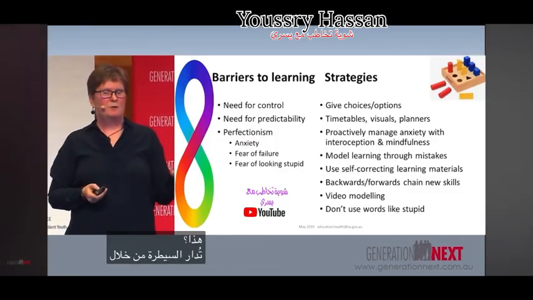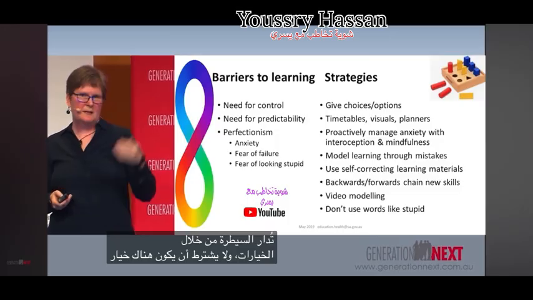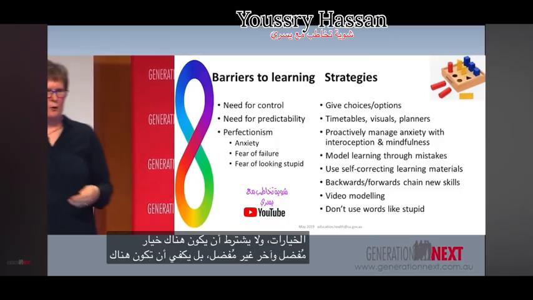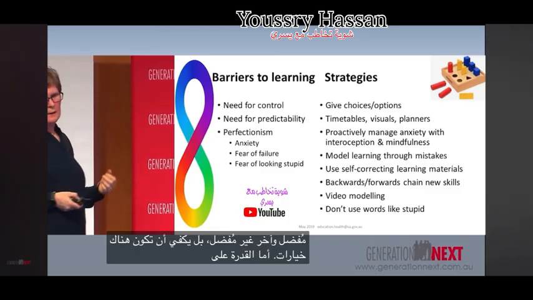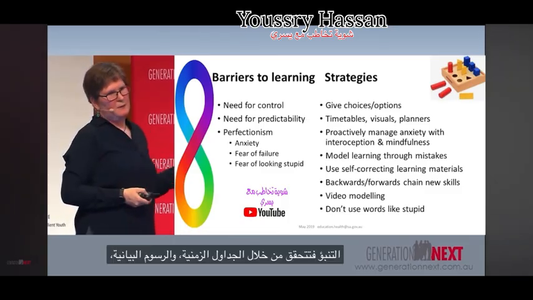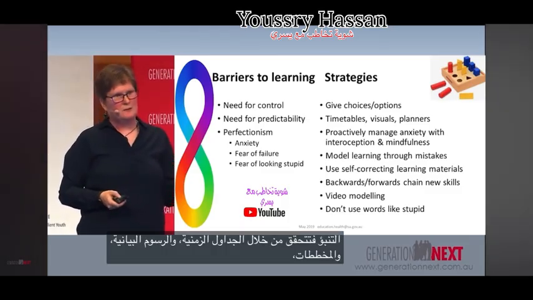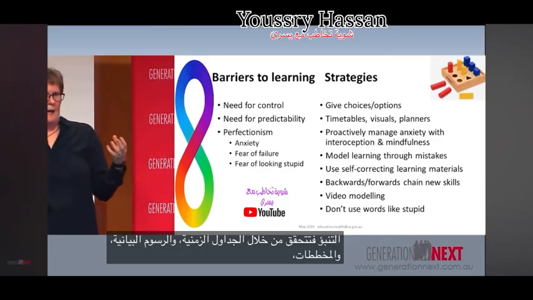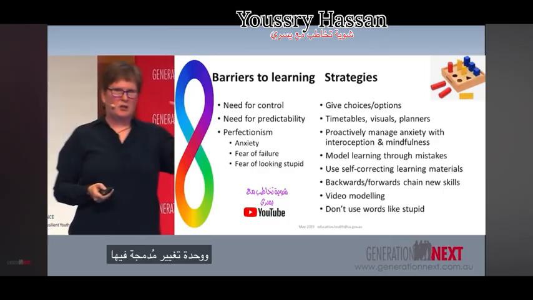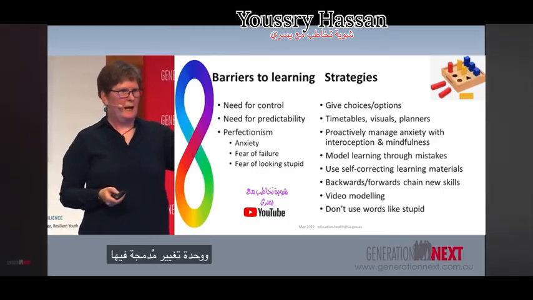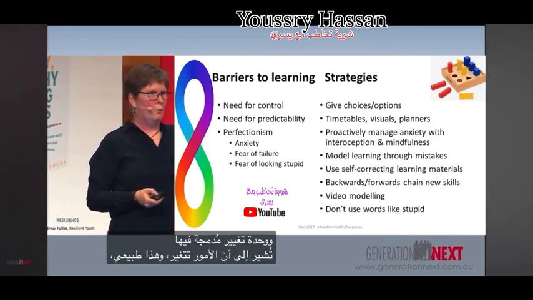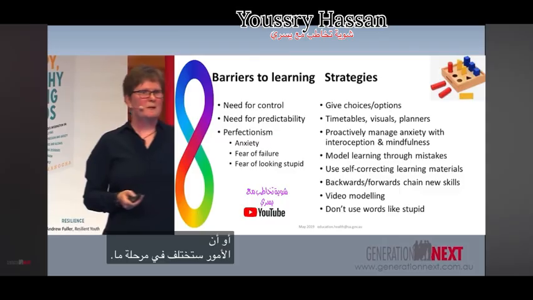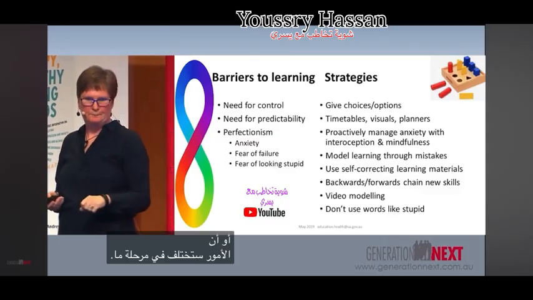Control is managed with choices and options, and it doesn't have to be a preferred option and a non-preferred option. It just has to be options. Predictability is with timetables, visuals, planners, and a change module built into that says things change, it's okay, or things will be different at some stage.